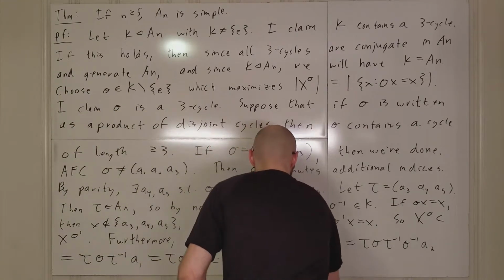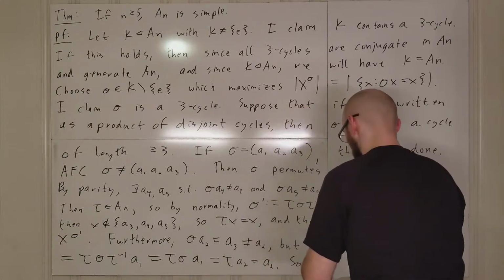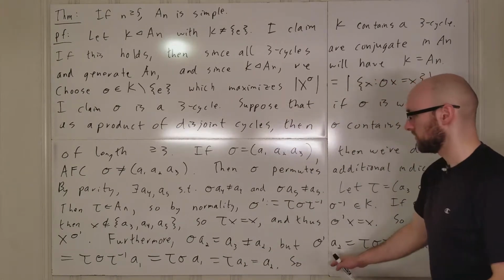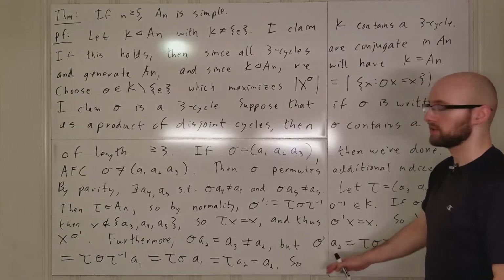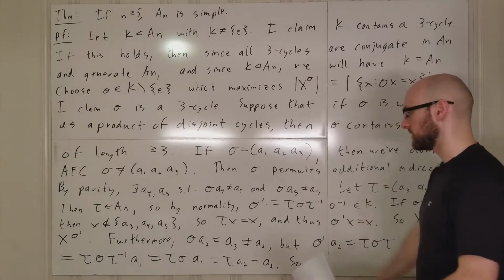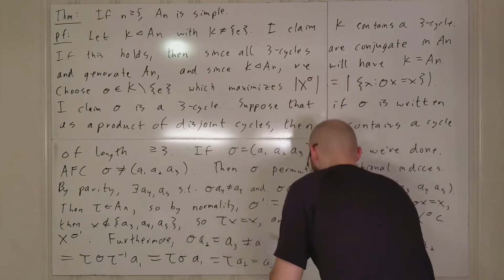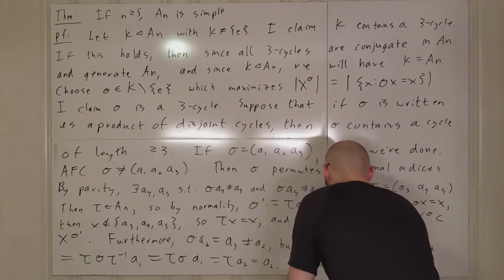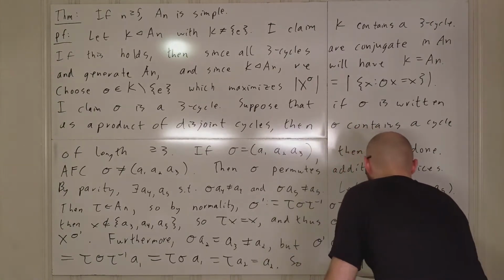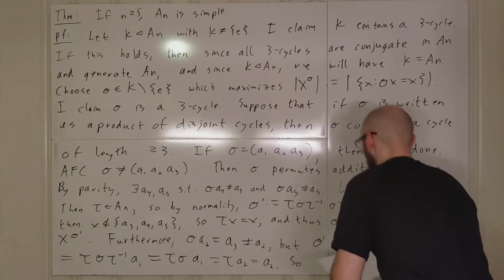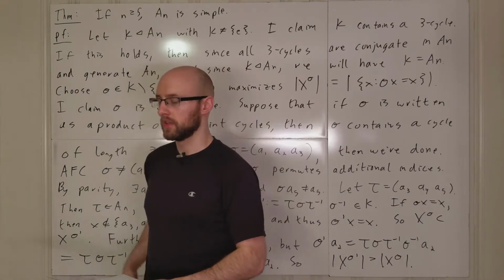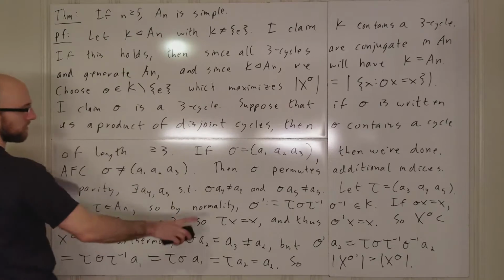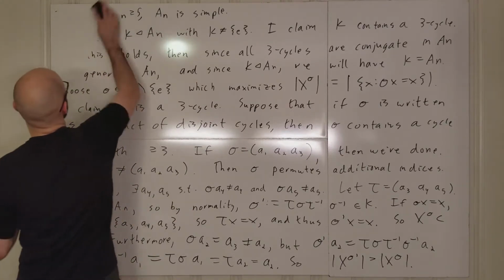So what does this say? We've got an index which sigma prime fixes, but sigma does not fix. So the size of the set of fixed points of sigma prime is strictly greater than the size of the set of fixed points of sigma.